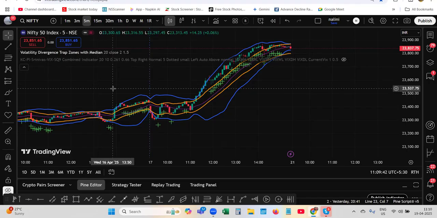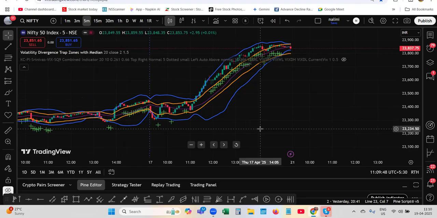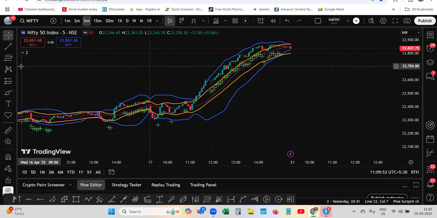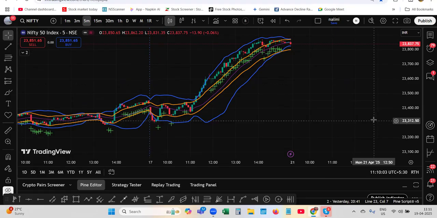That means they are not agreeing. In the disagreement, agreement will come in the market. When they start disagreeing, the disagreement will lead to agreement in the market.